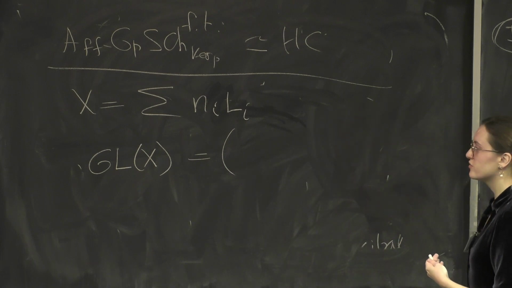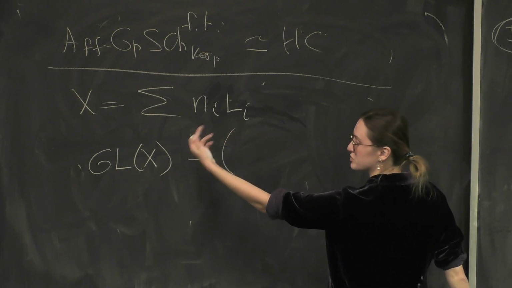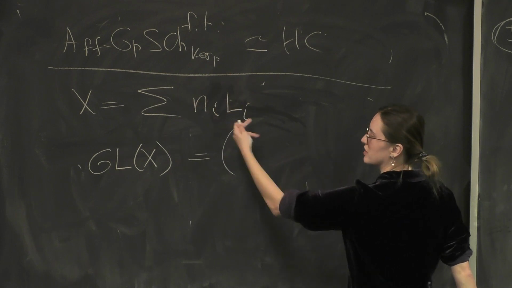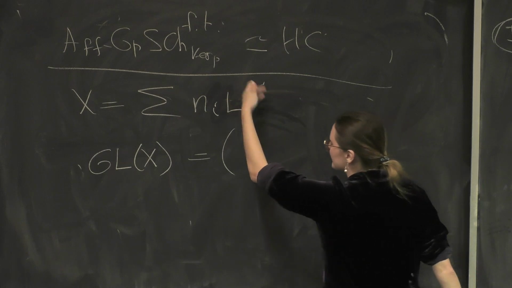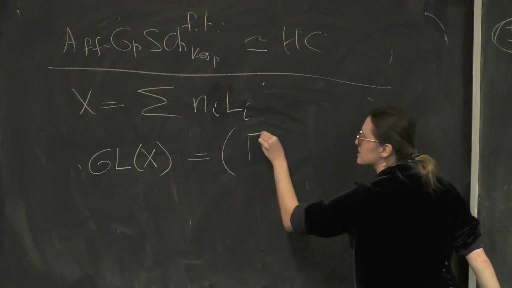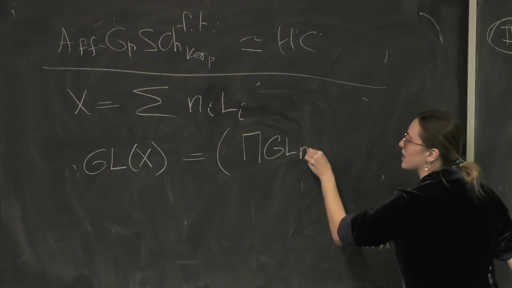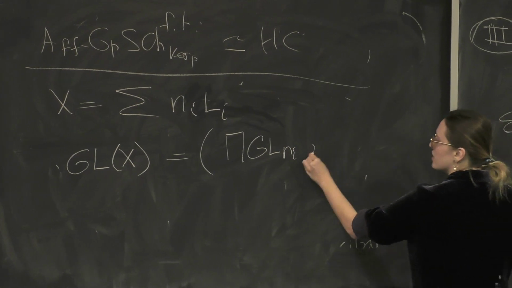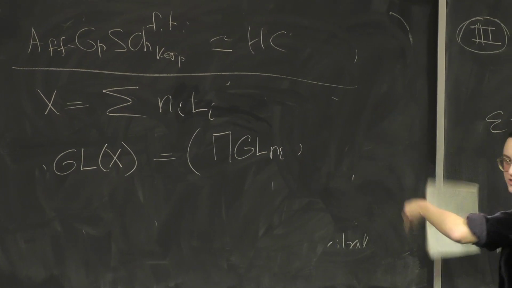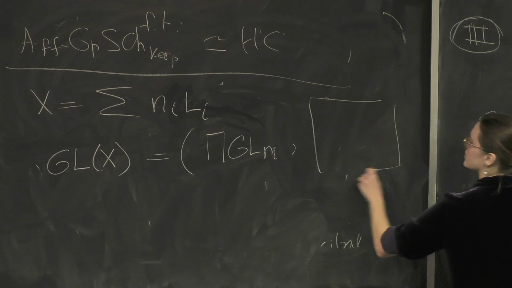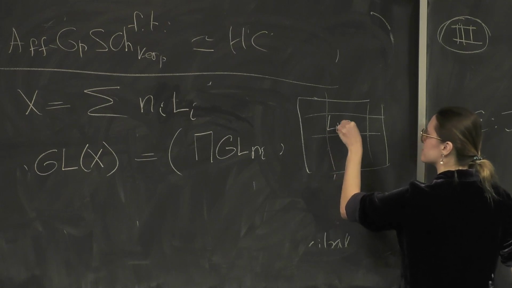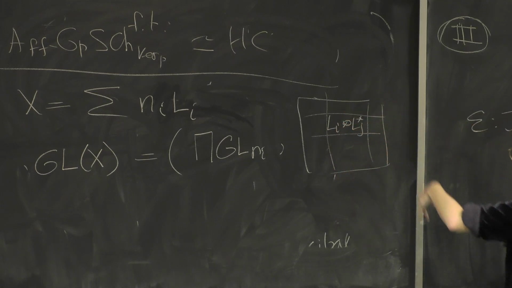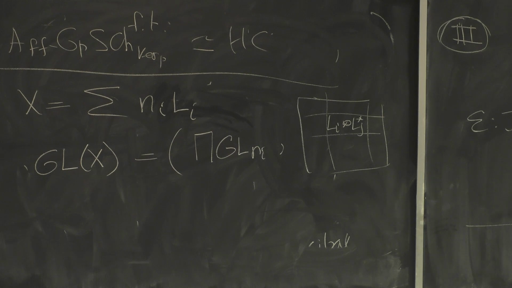The even part of this will be the group that only permutes the isomorphic components. So it's going to be the product of GL n_i's. And the Lie algebra is what you expect. It's X tensor X dual, and it's this matrix thing where you get L_i tensor L_j dual. You sum up over all things that are present.